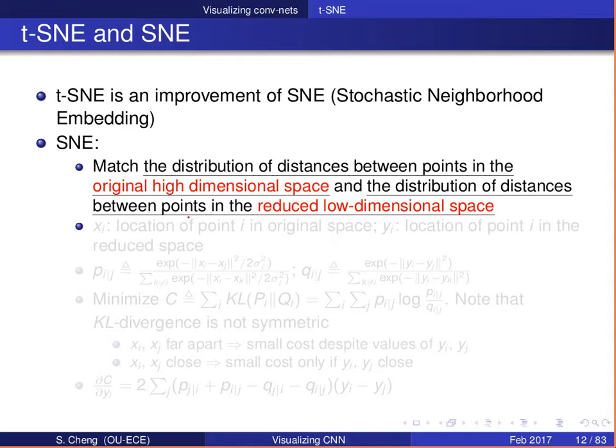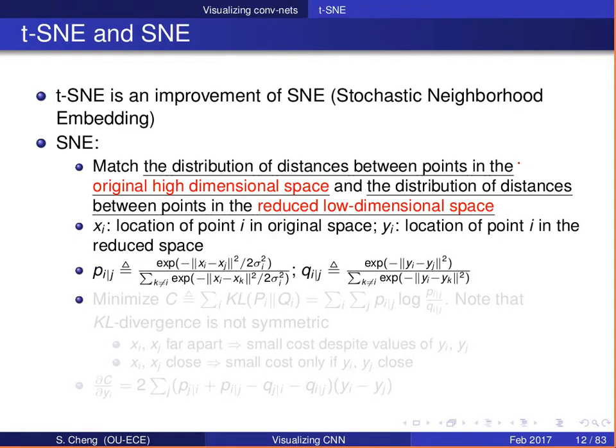So then what your target is, basically, you have the distribution of all the distances between points, and you have the original distribution from the high dimensional space, and you want to match the distribution of the distance in the low dimensional space with the original distribution in the high dimensional space.